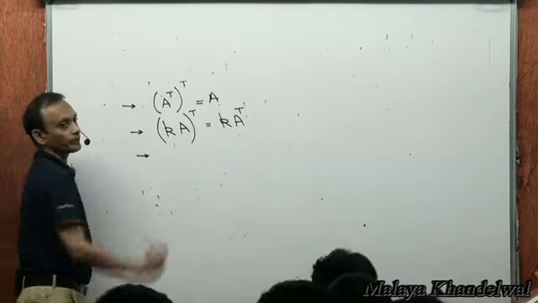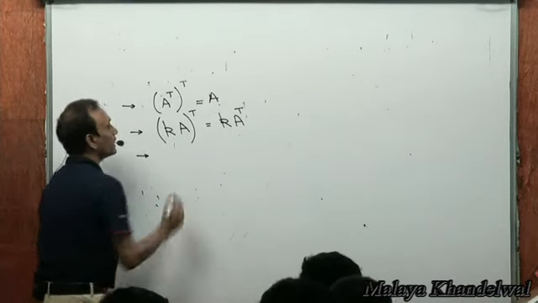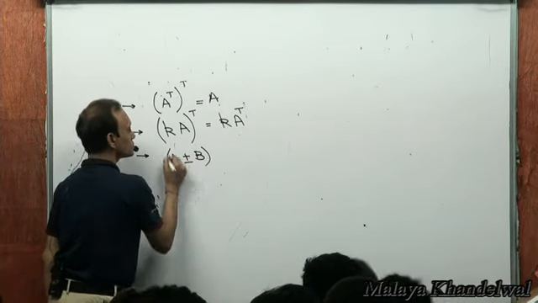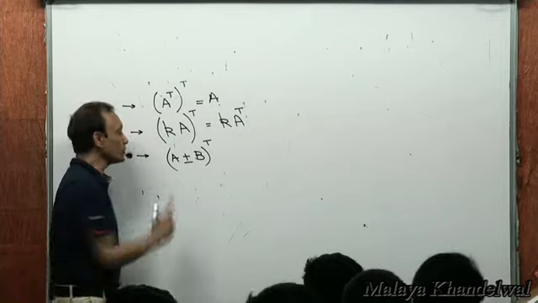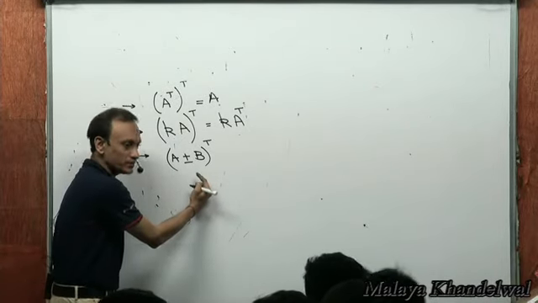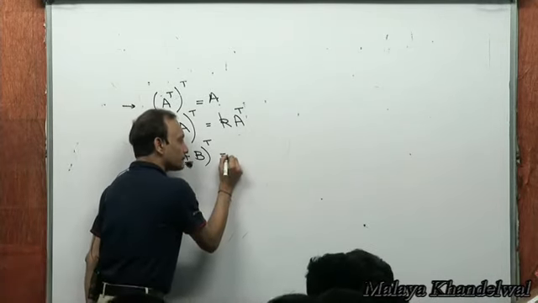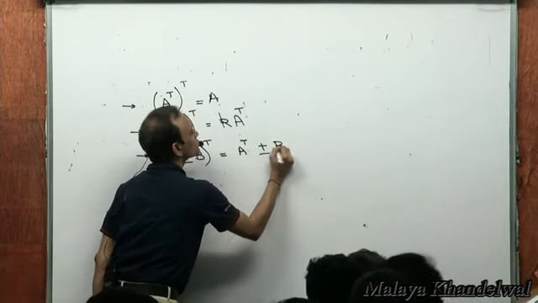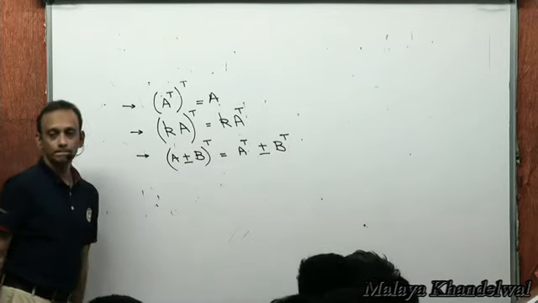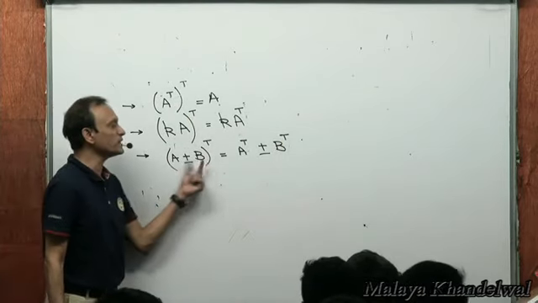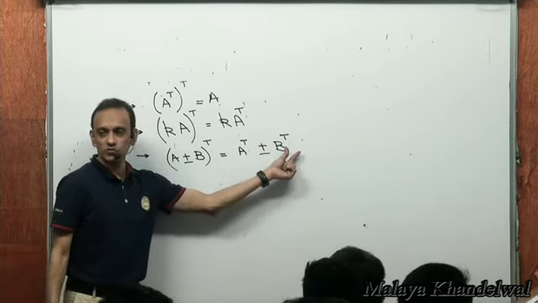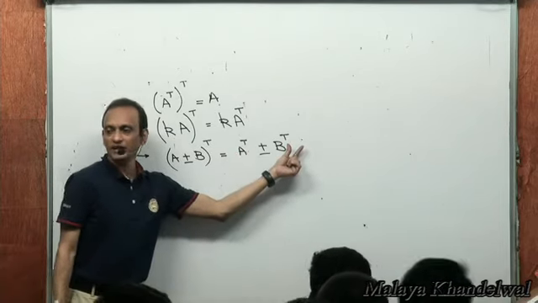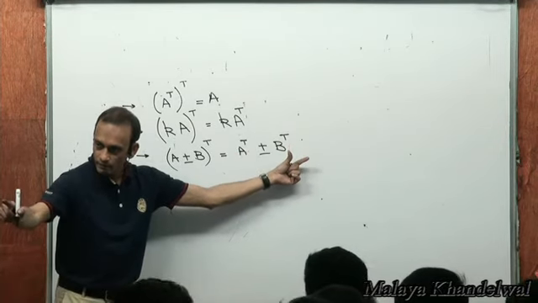Then A plus minus B transpose, assuming A could be added and subtracted with B, that's the same as A transpose plus minus B transpose. The transpose of A plus B would be transpose of A plus transpose of B. The transpose of A minus B would be transpose of A minus transpose of B. Right?